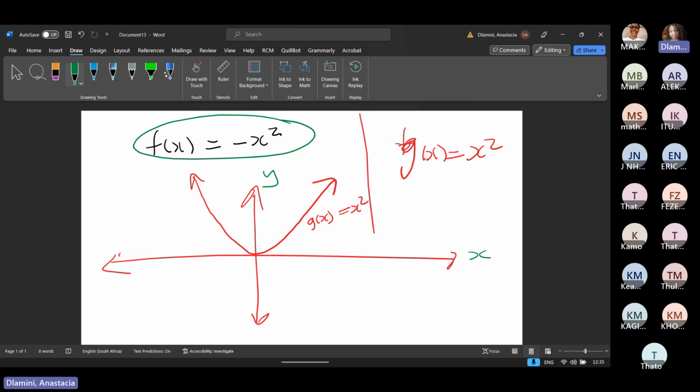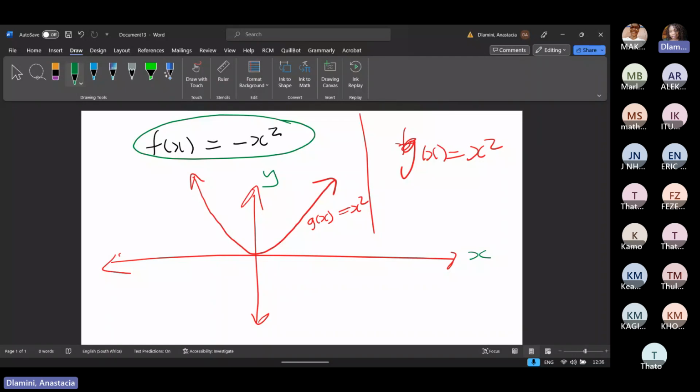What happened? Didn't it shift downwards? It's going to look downwards because of the negative. It's reflected. Reflecting about the x-axis, not shifting.